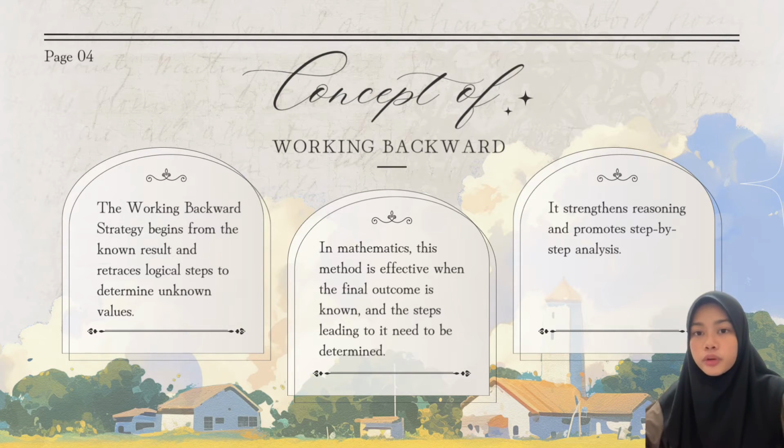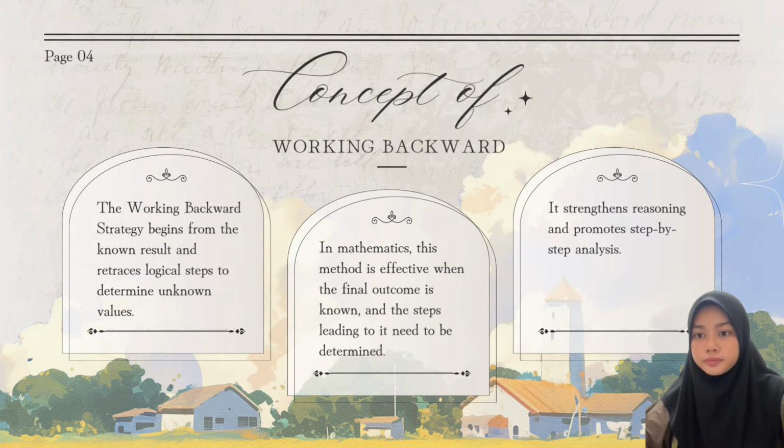It starts from the final goal and moves in reverse to find missing information. Next, it strengthens reasoning and promotes step-by-step analysis. This method is effective for problems that involve several stages because it helps to understand how each piece of data is connected.